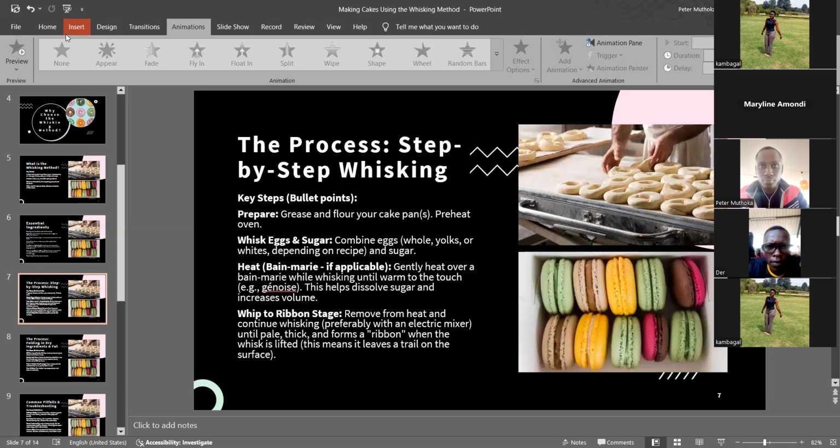We combine eggs and sugar, then heat gently over a bain-marie while whisking until warm to the touch. This helps dissolve the sugar and increase volume. After that, we whip to ribbon stage, where we remove from heat and continue whisking until pale, thick and forms a ribbon. When the whisk is lifted, it leaves a trail on the surface.